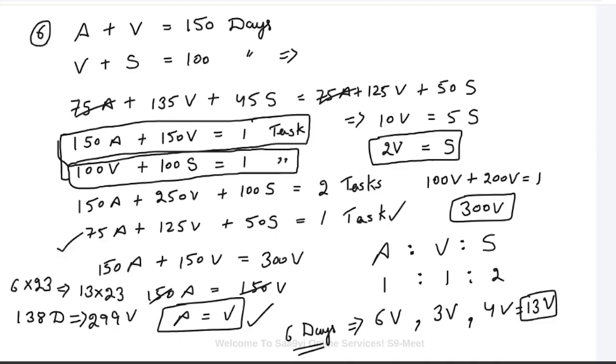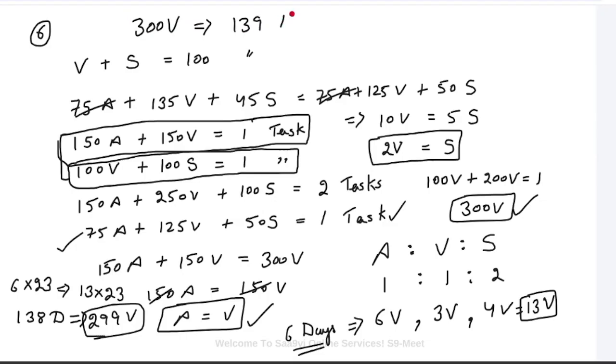Now, if 299 V work has been done and only one V work is remaining, now whose turn is it going to be? Amal is going to work first. That means the 300th V will be done on 139 days.